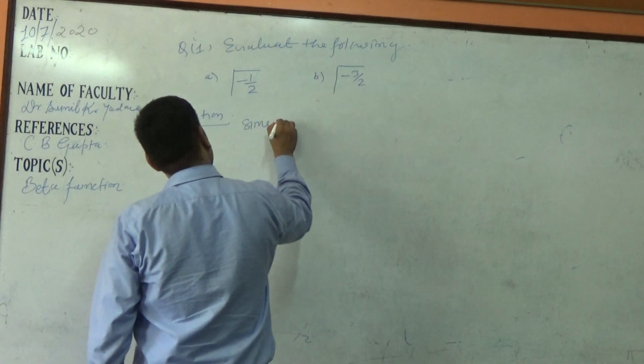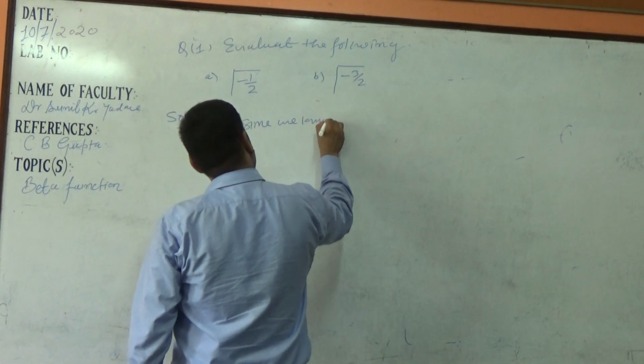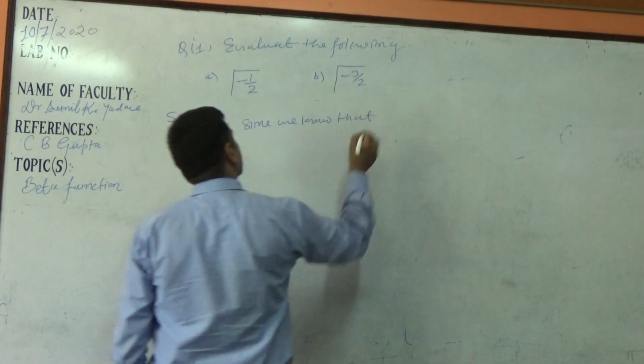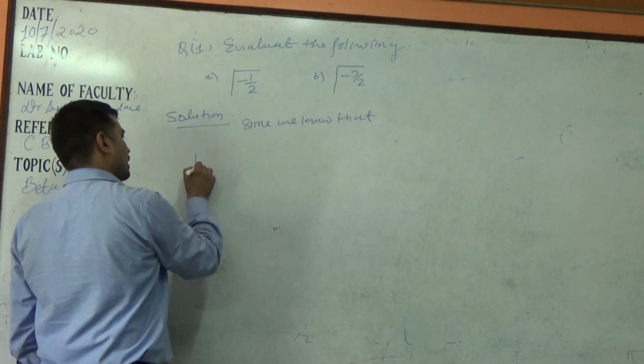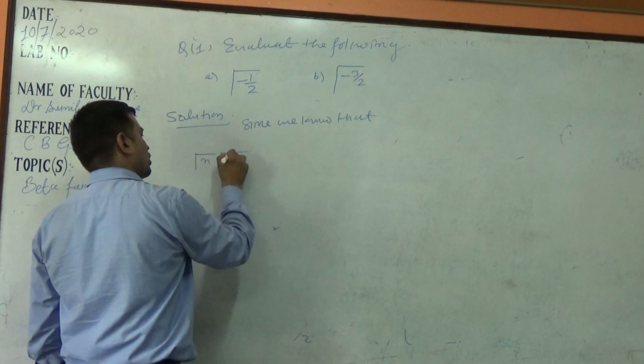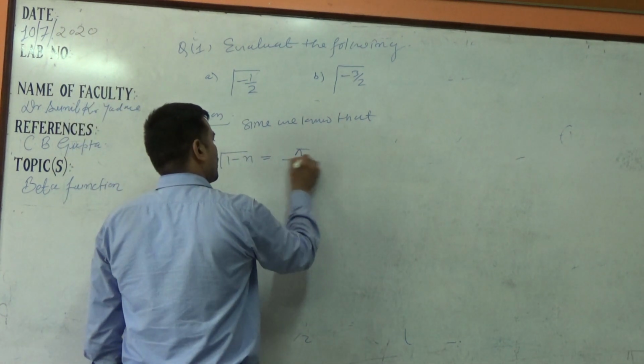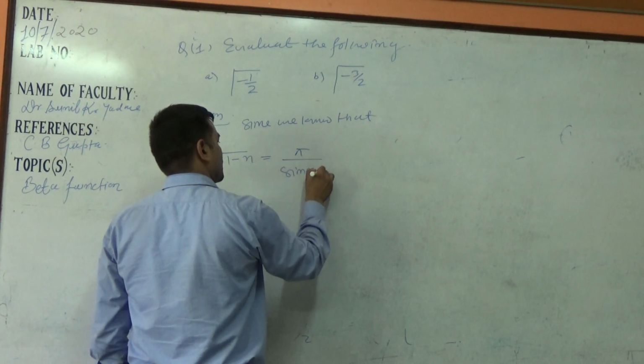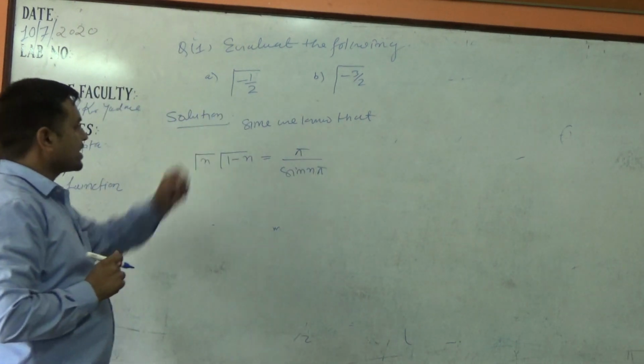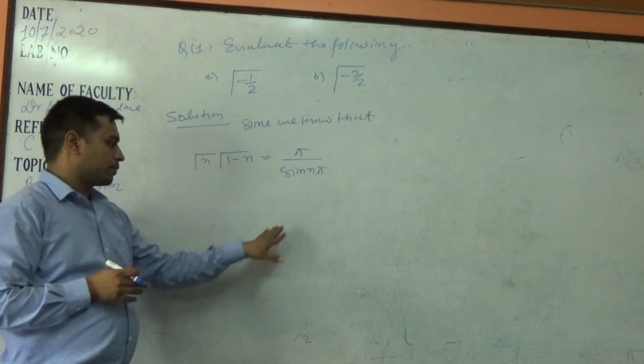Since we know that gamma n into gamma 1 minus n equal to pi upon sin n pi. In order to evaluate this function, we use this formula.